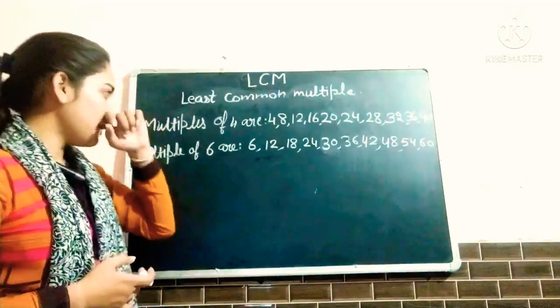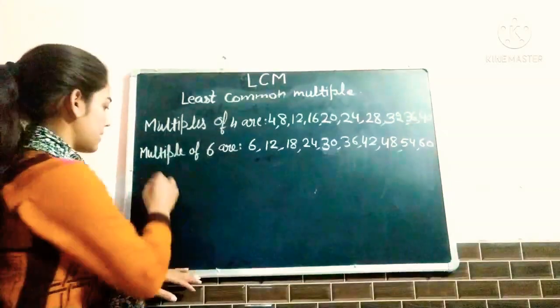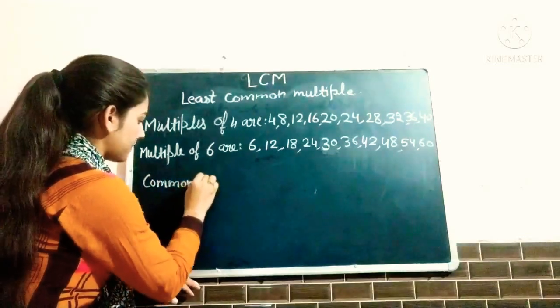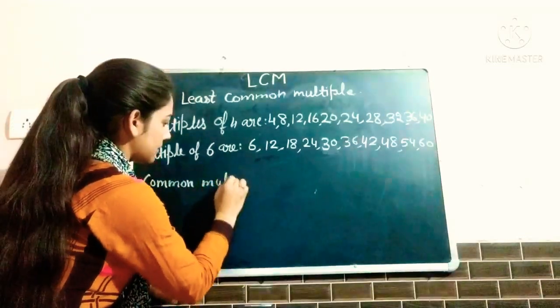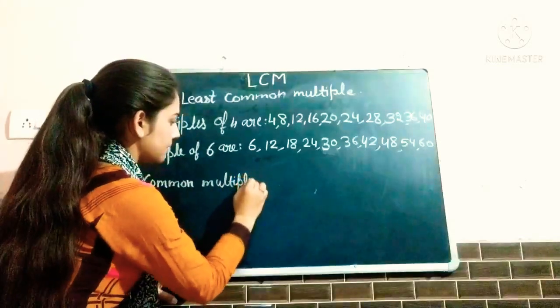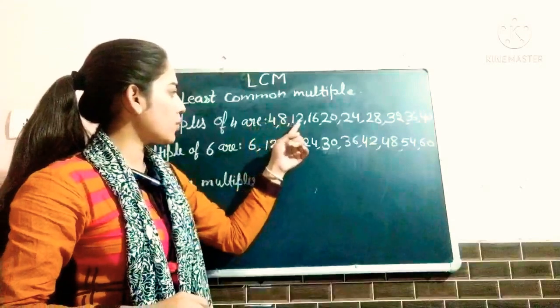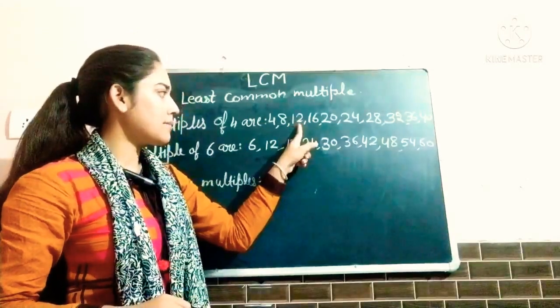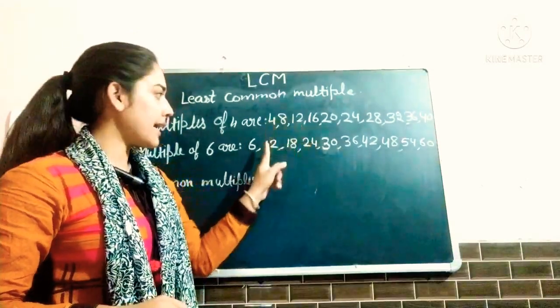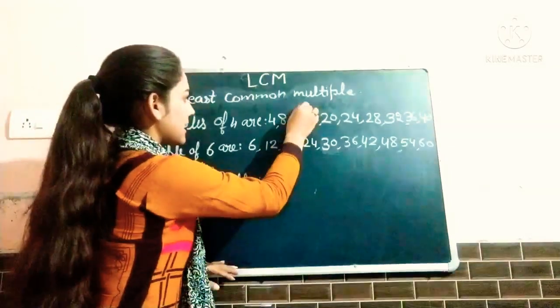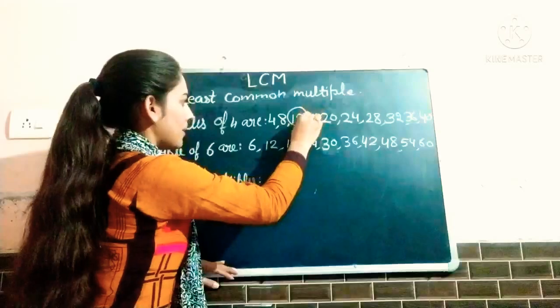So look here, the common multiples are 4, 8, 12. Look here, 12 comes in the table of 4 and 12 also comes in the table of 6. So this 12 is a common multiple.